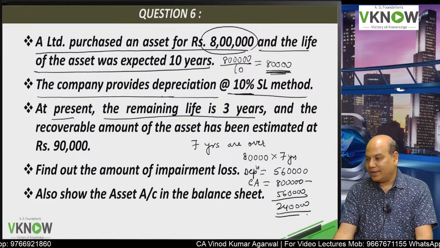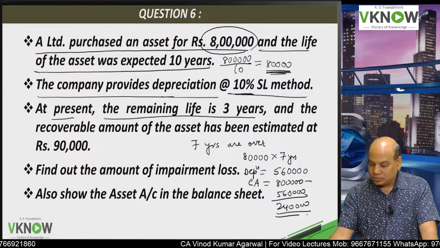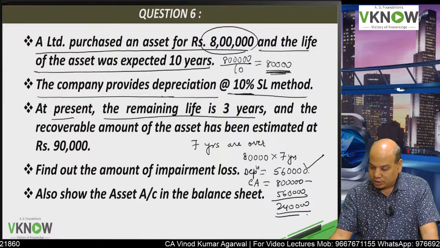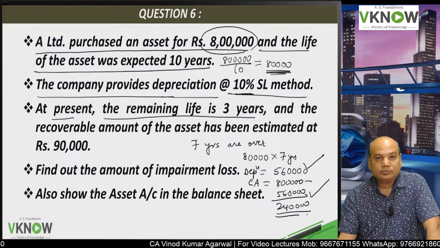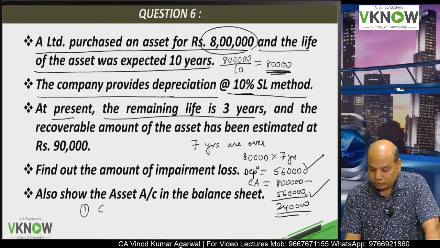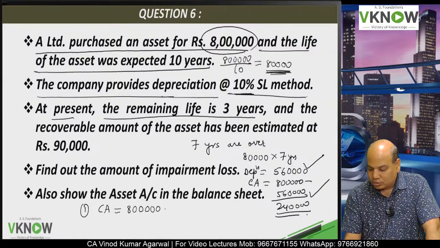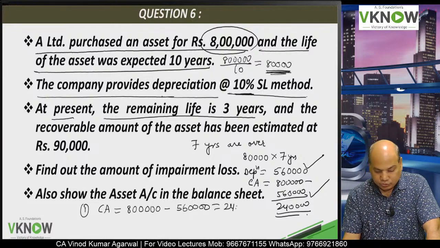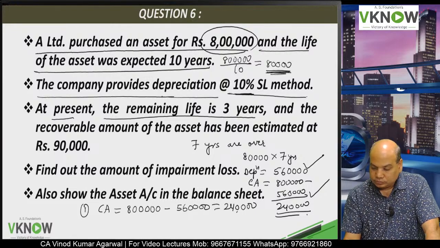Carrying amount will be cost minus accumulated depreciation, 2,40,000. So first number I got is carrying amount, which is 8 lakh cost minus 5,60,000, 2,40,000.